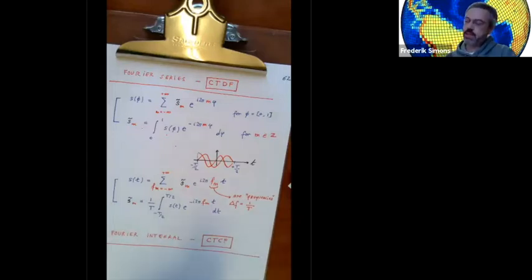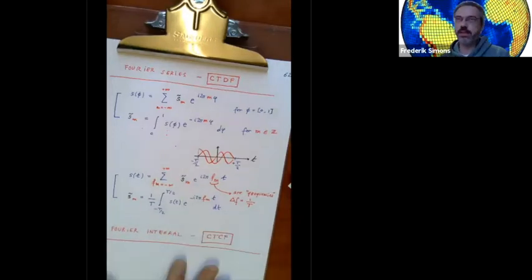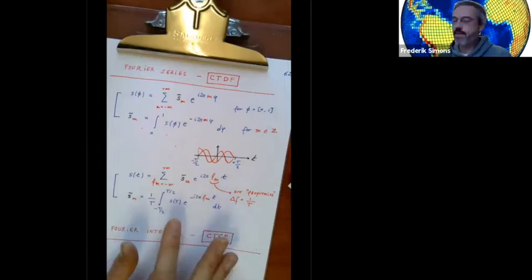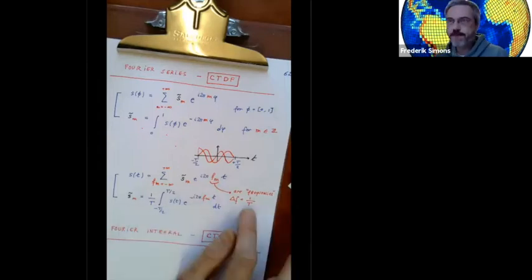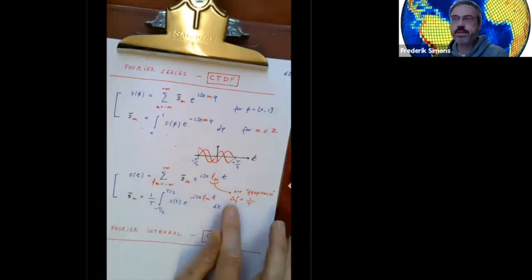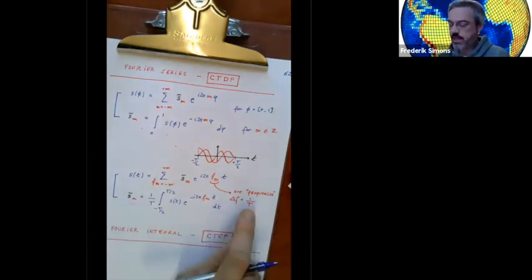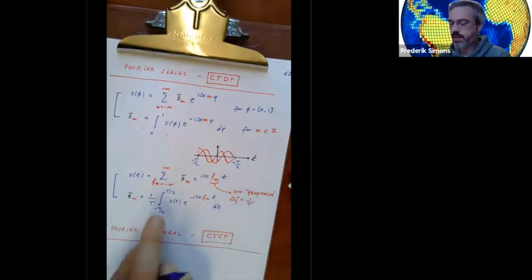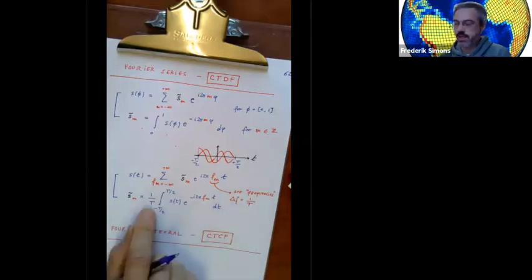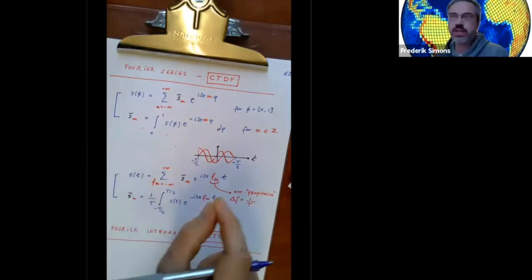There is some mental gymnastics involved, but if you let T go to infinity, your delta f, the spacing, goes to nothing, differentially small, so that's sort of like little df. And if you maintain integrability and so on, then you can let time go to infinity and let this interval stretch out to infinity.